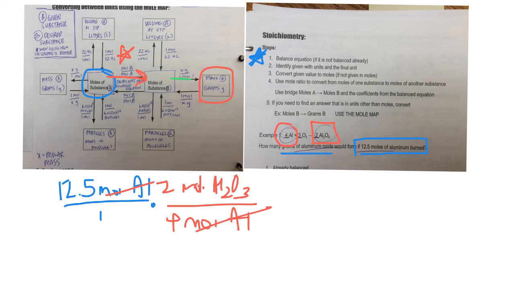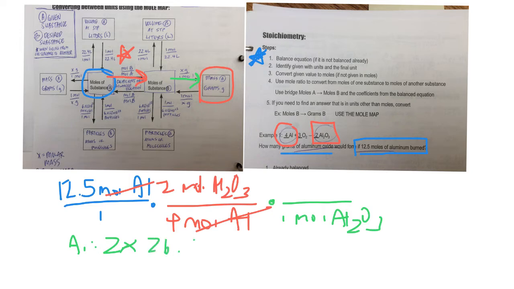So now we need to follow the next path where x grams is equal to 1 mole. Guys, x does not equal 1. We need to actually calculate the molar mass for aluminum oxide. So for every 1 aluminum oxide, we have 2 aluminums, and the mass on the periodic table for aluminum is 26.98. When we multiply that by 2, we get 53.96, and we have 3 oxygens.